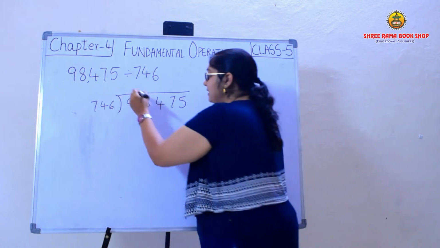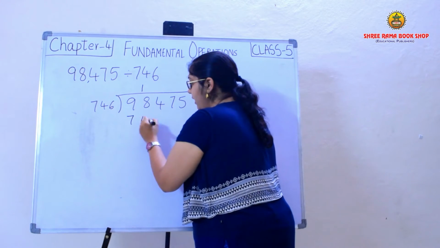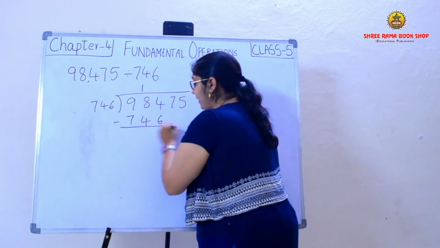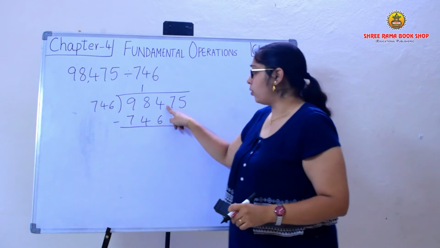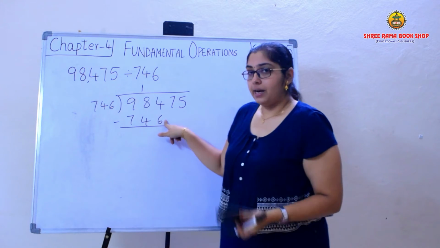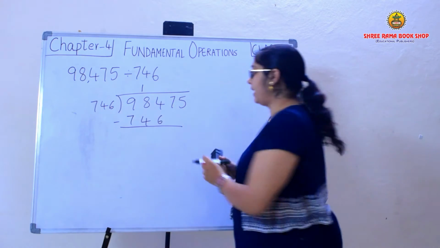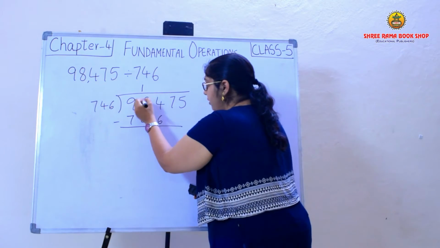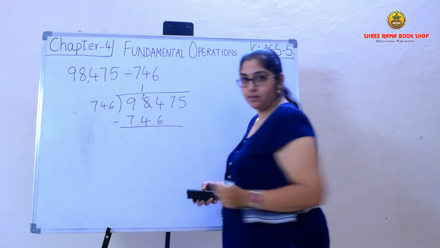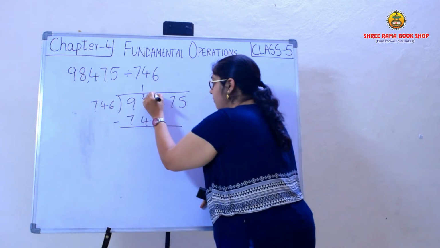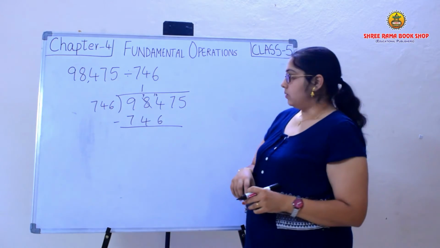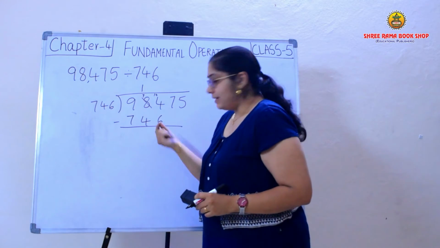So 746 one times is 746. I need to subtract it. So when I do 4 minus 6, I can't find the answer. So I need to borrow 10 from here. So it will become 7. Here it will become 14, right? So now 14 minus 6.